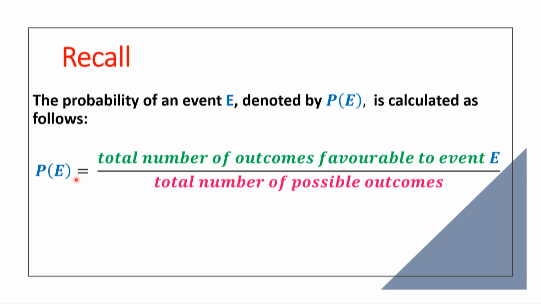So the total number of possible outcomes will be all the outcomes found in the sample space, and in the numerator it will be the number of outcomes which are favorable to event E.